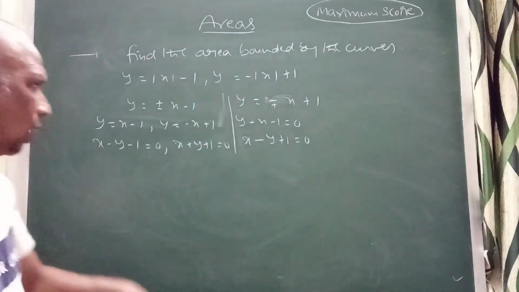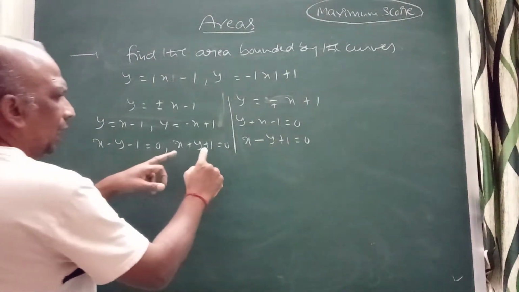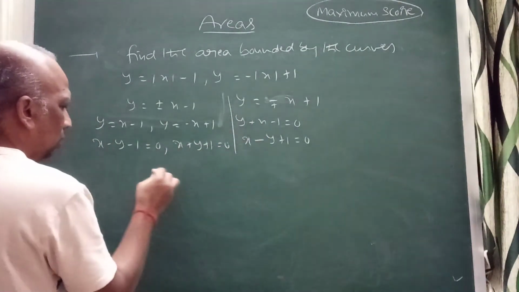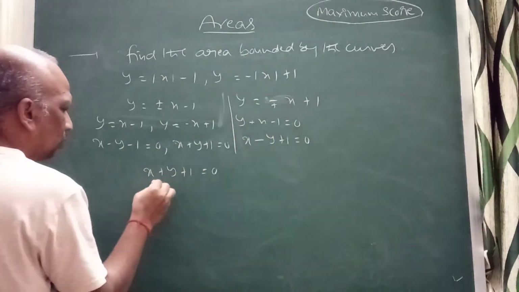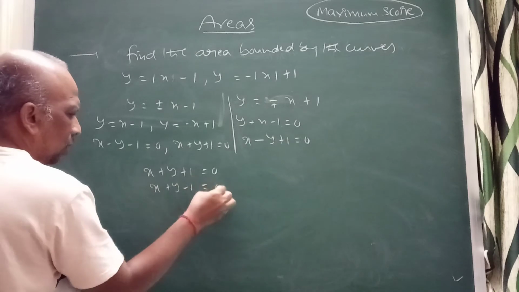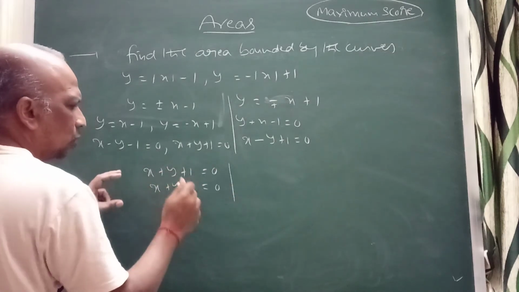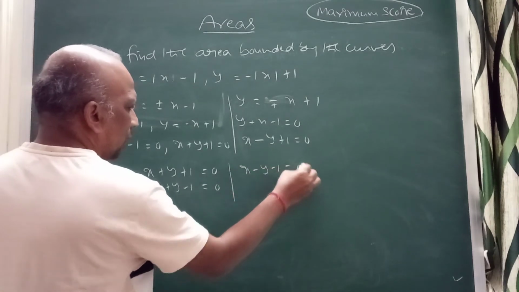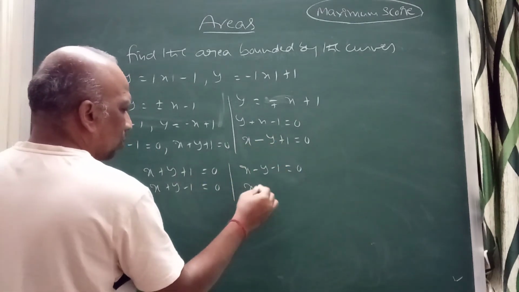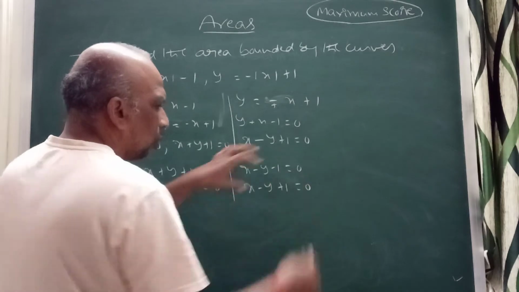So I will write the parallel lines. What are the parallel lines we have here? x plus y plus 1 equal to 0 and x plus y minus 1 equal to 0. These two are parallel lines. And then x minus y minus 1 equal to 0 and x minus y plus 1 equal to 0. These two are parallel.